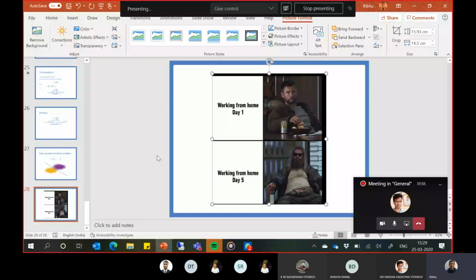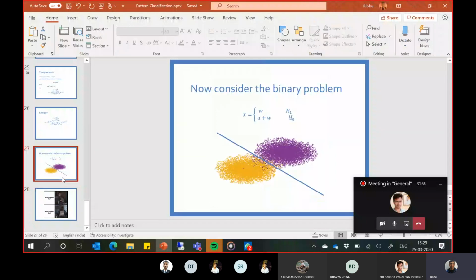So now if I remove this line for a minute, consider a binary case. We have talked about the radar in the class. So in the radar problem, there are two cases.